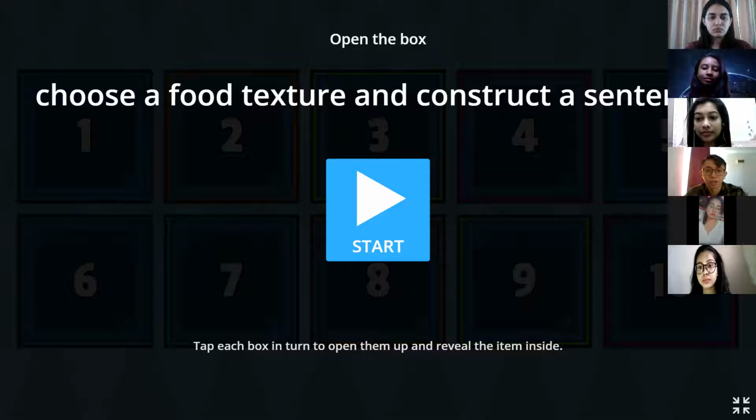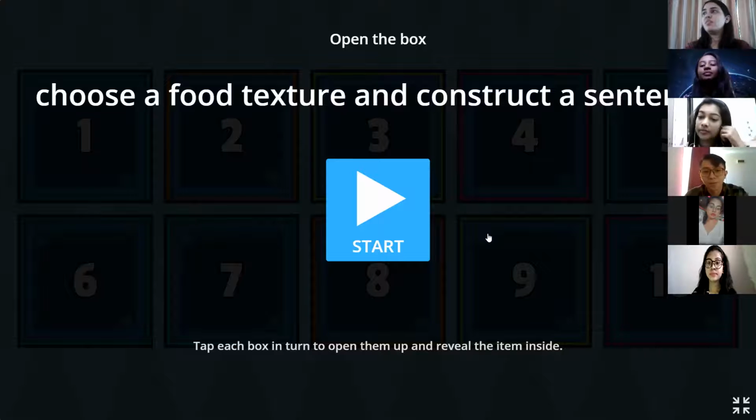Do you all understand the food texture? Good. It's not complicated to understand. It's just about how the food feels, whether it is spicy or crispy and all of that.